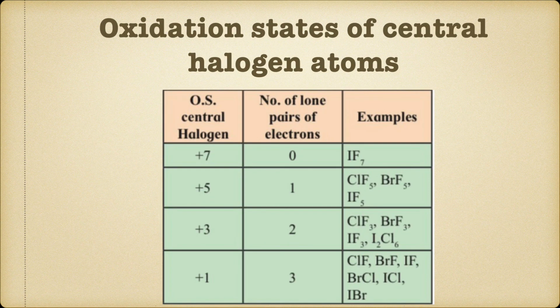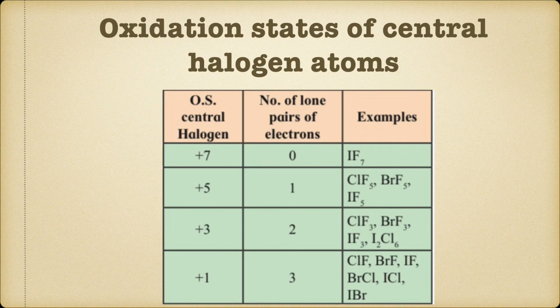Okay. Next, we'll learn about the oxidation states of central halogen atoms. Over here, the first example, that is IF7, the number of lone pairs of electrons is 0, and the oxidation state of the central halogen atom, that is iodine, is equal to +7.